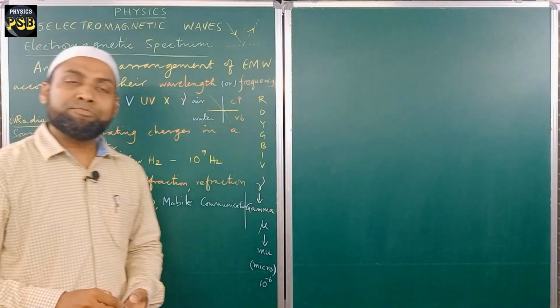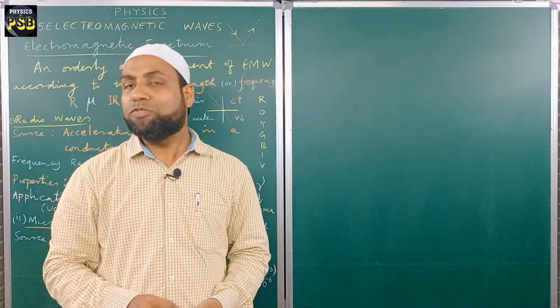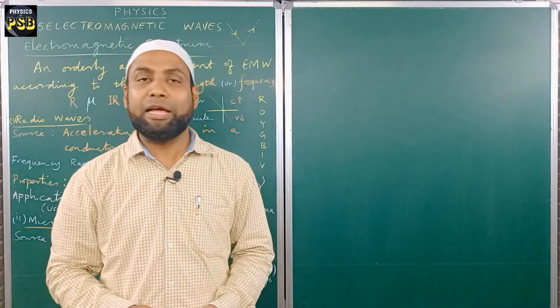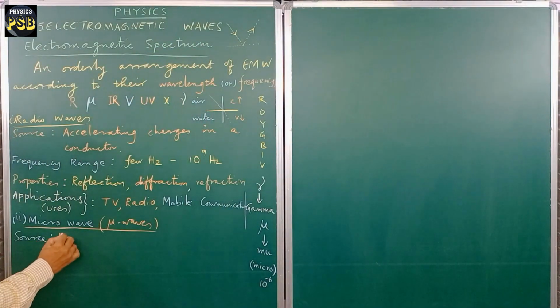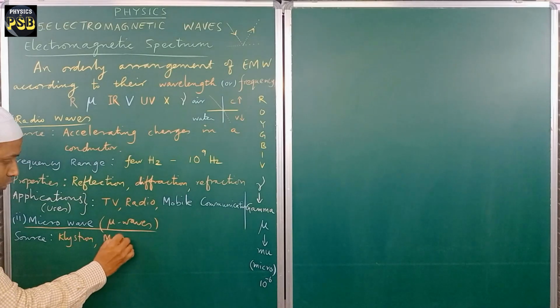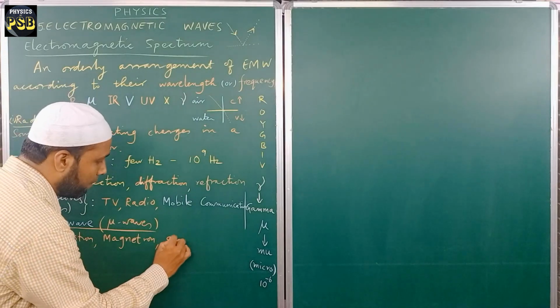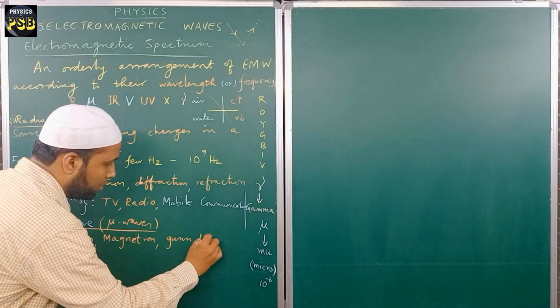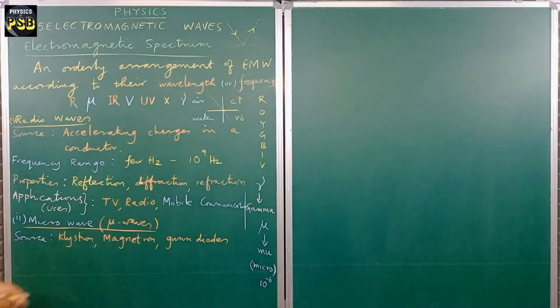There are certain special vacuum tubes used for the production of microwaves, like the klystron, then the magnetron, and the Gunn diodes. These are some of the devices which give out microwaves. Here, I have a magnetron with me.